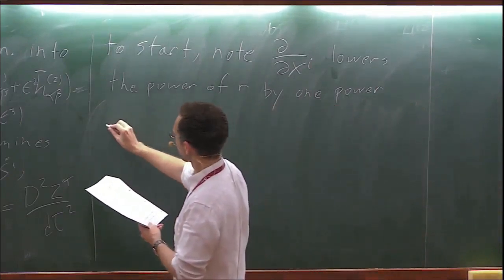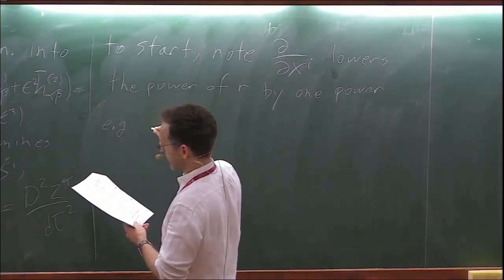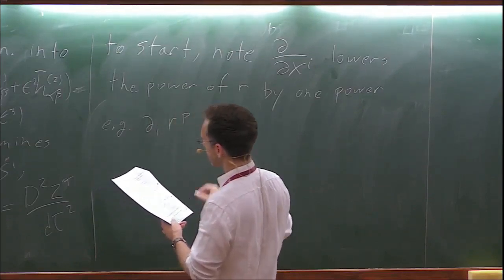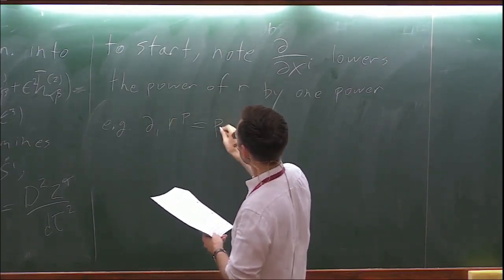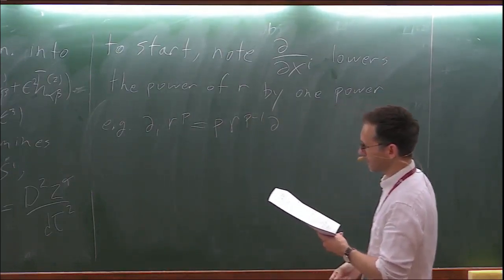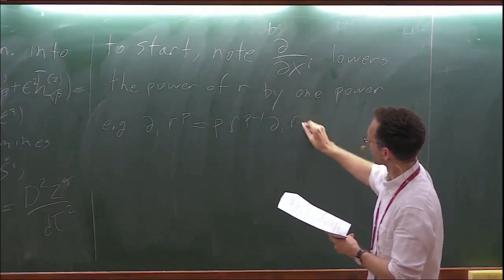So for example, if we're acting on r to the p, we get p r to the p minus 1 times just the derivative of r.